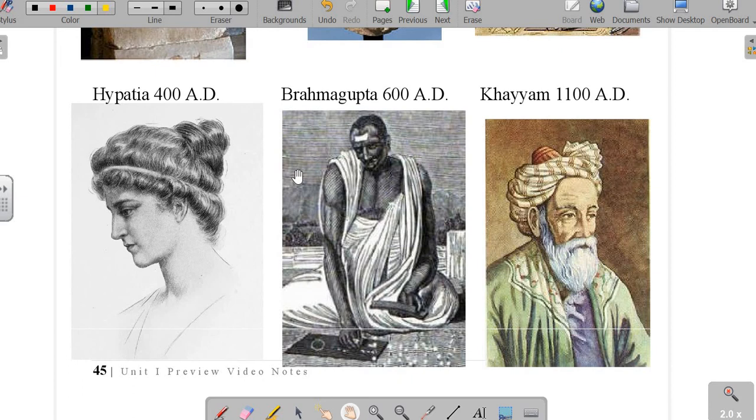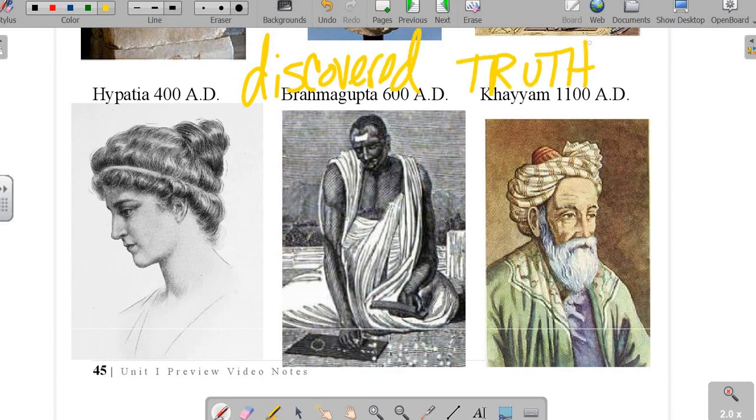These are all geometry mathematicians from a variety of countries and centuries, and they all have discovered truth. All of that was the heavy lifting of inductive reasoning.